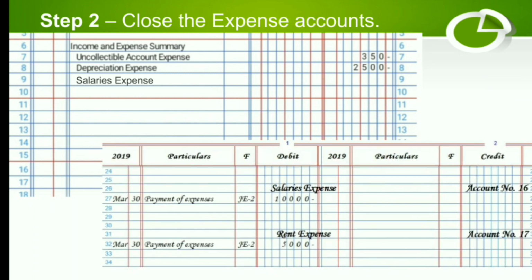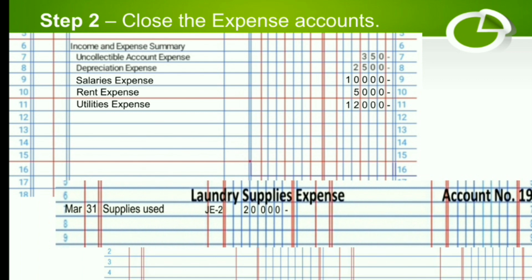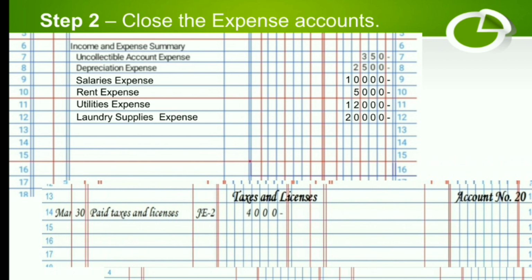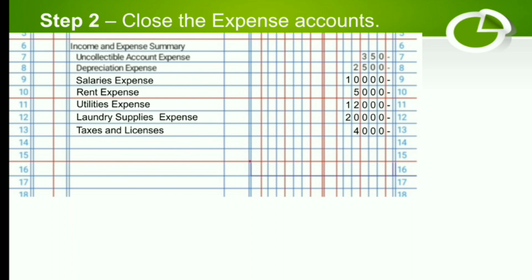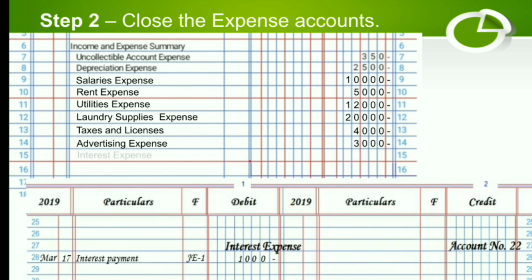Salaries expense of 10,000 pesos, rent expense of 5,000 pesos, and then followed by another expense that we need to credit, utilities expense 12,000 pesos, laundry supplies expense 20,000 pesos, taxes and licenses 4,000 pesos, advertising expense 3,000 pesos, and lastly the interest expense of 1,000 pesos.